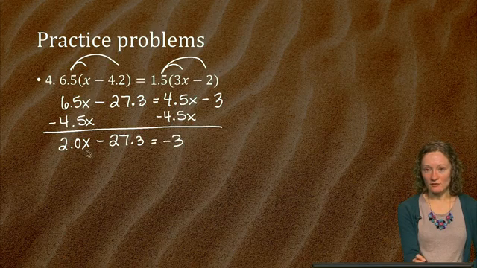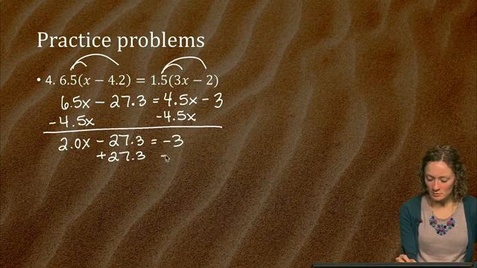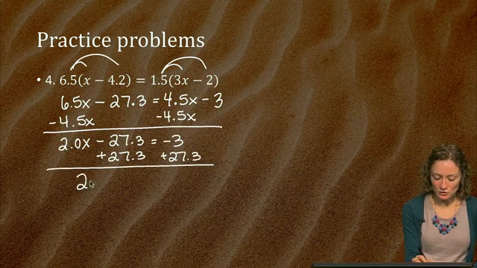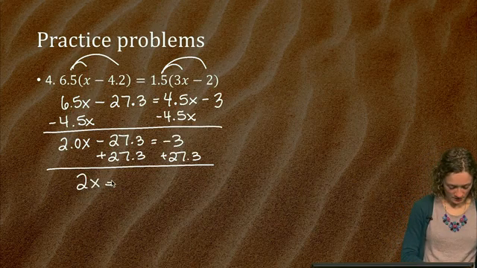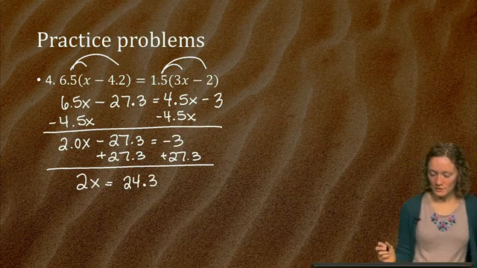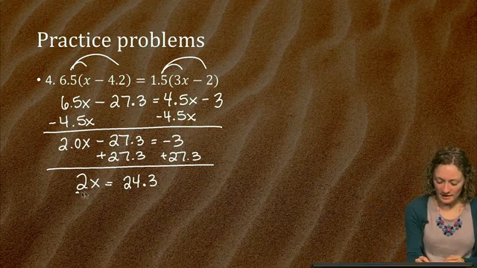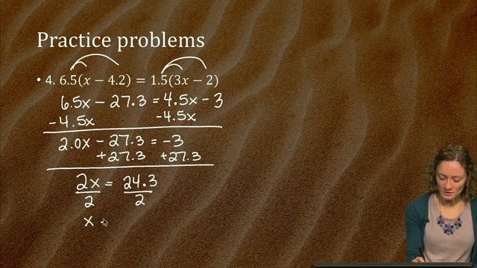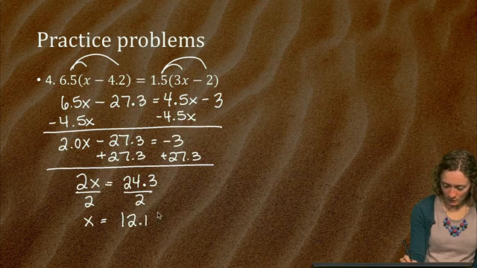Then we have one variable term, get the number on the other side, plus 27.3. 2x equals negative 3 plus, we get 24.3. And then our last and final step, divide both sides by 2. We currently have multiplication, undo it with division. Divided by 2, we get 12.15.